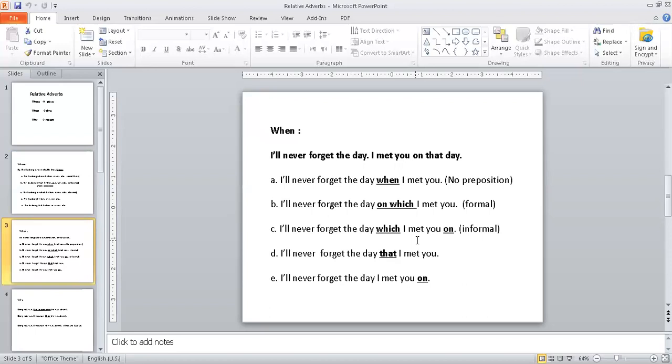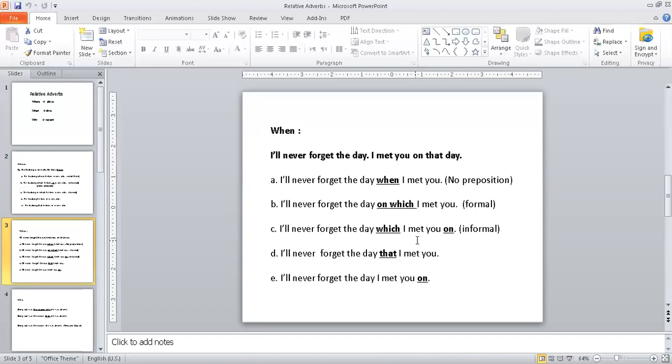The day is repeated in both sentences, so we want to define the day. Use the relative adverb when after the day. So the sentence becomes I'll never forget the day when I met you.